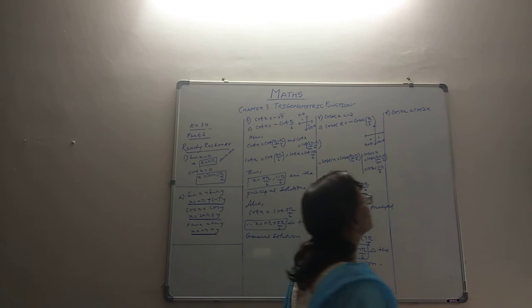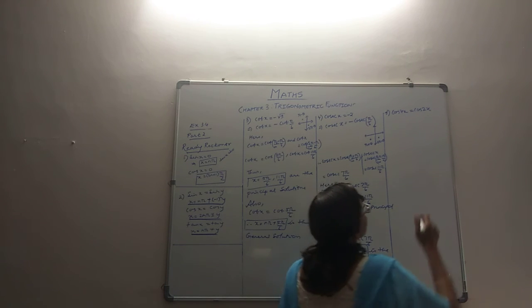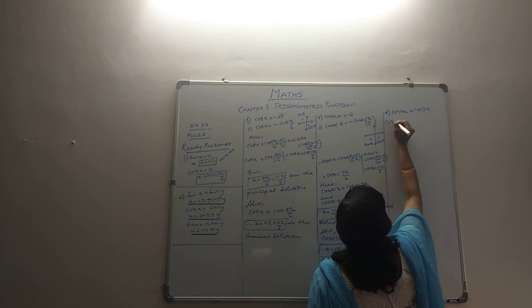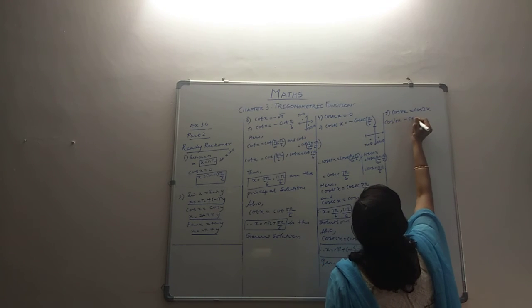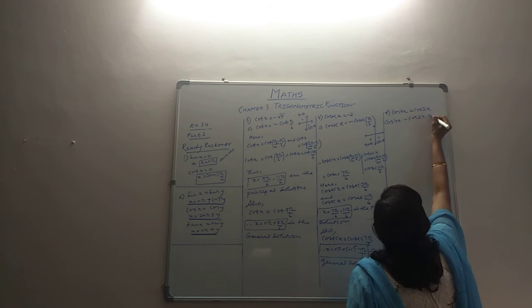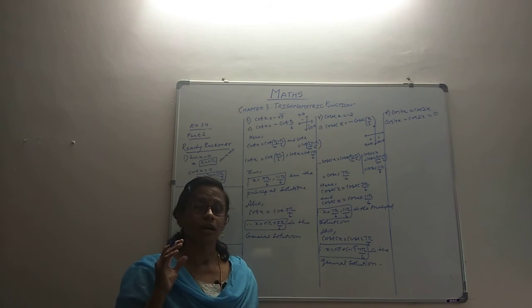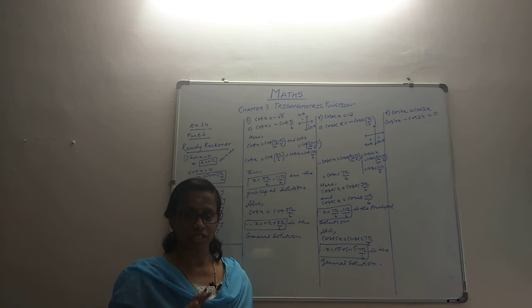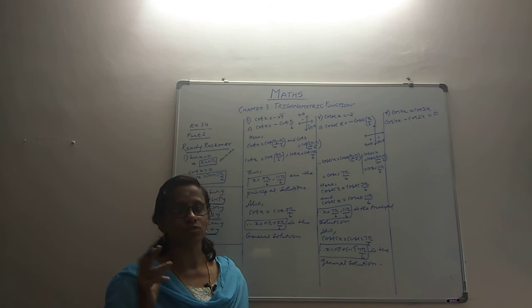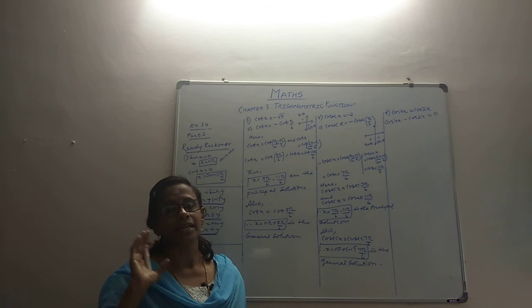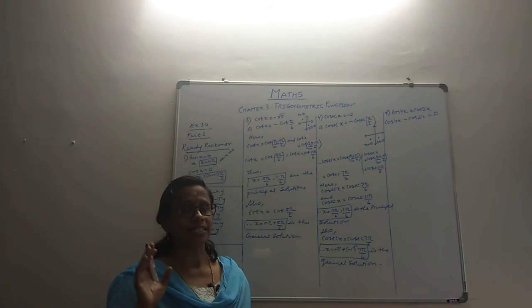We have cos 4x equal to cos 2x. Maybe we'll bring the cos 2x to the other side. So you get cos 4x minus cos 2x equal to 0. Yesterday at length we did cos C minus cos D. It is minus 2 times sin of (C plus D) by 2 times sin of (C minus D) by 2.